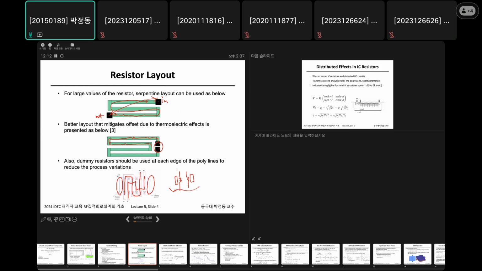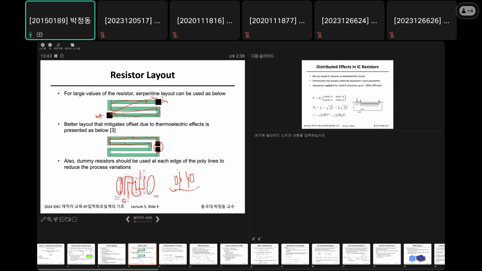This dummy will prevent drastic changes of environment around this resistor. If there is no dummy at all around R1 or around any edge of those two resistors, then the values could be changed.